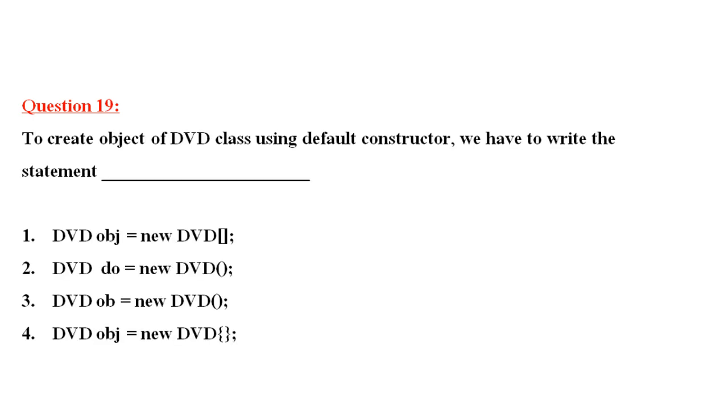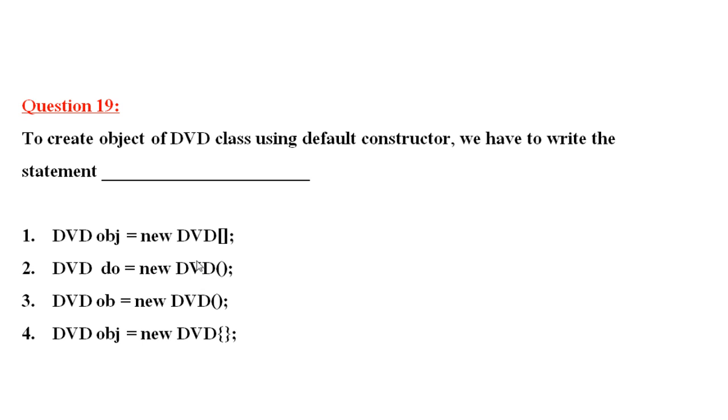Question number 19 is to create object of DVD class using default constructor. We have to write the statement. Number 1 is given something, number 2 is given something. 4 options are given and you have to choose the right answer.